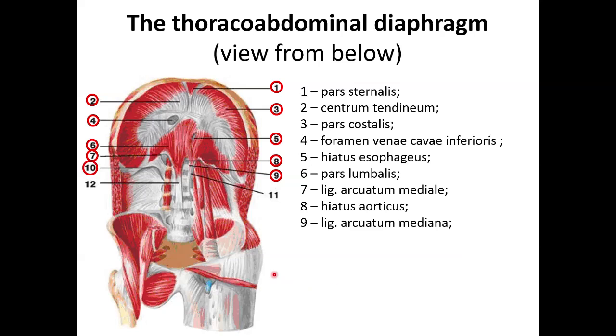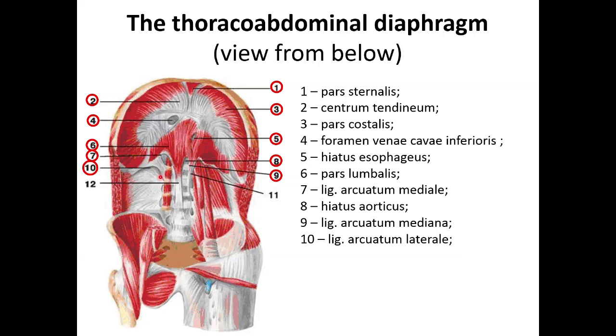And now number 10. Here it is, number 10. What is it? Remember, number 7 is ligamentum arcuatum mediale. So, what is number 10? Number 10 is ligamentum arcuatum laterale. So, crus dextrum prolongates to the ligamentum arcuatum mediale number 7, and then it prolongates into ligamentum arcuatum laterale number 10.